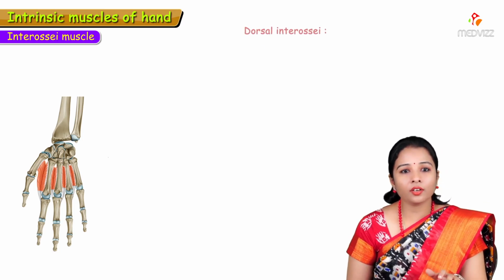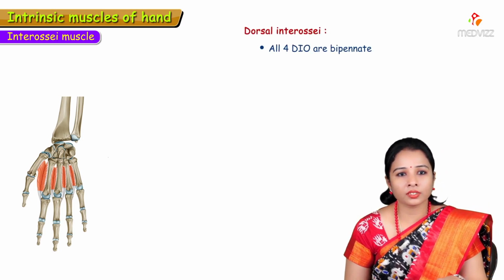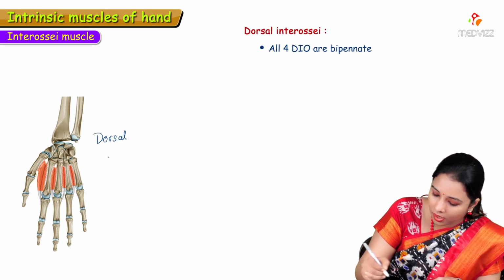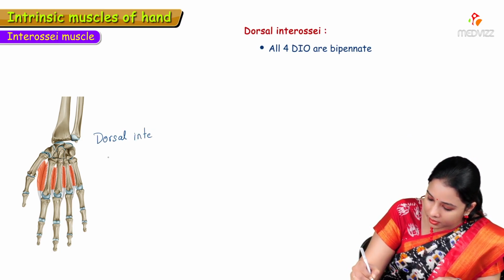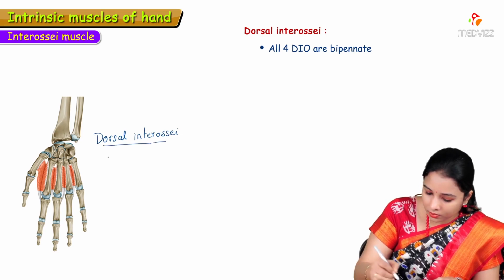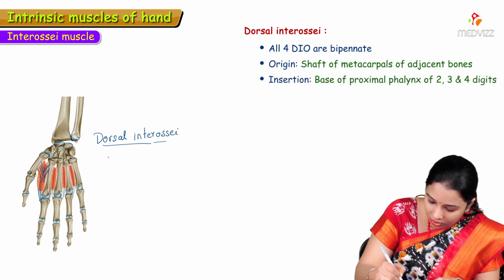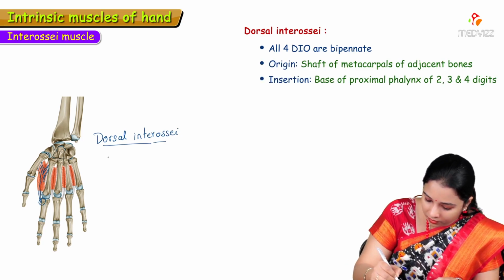So we can see there are 4 dorsal interossei muscles, and they are bipinnate. You can see it gets origin from both adjacent bones, and it is inserted to the base of the phalanx.